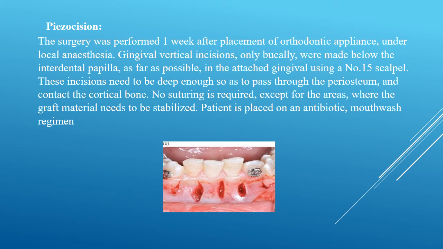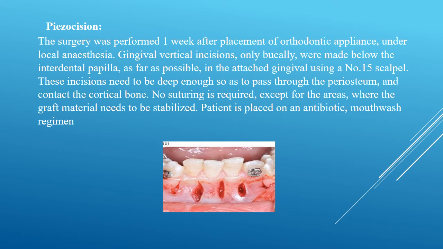The surgery was performed 1 week after placement of orthodontic appliance under local anesthesia. Gingival vertical incisions only buccally were made below the interdental papillae, as far as possible in the attached gingiva, using a scalpel. These incisions need to be deep enough so as to pass through the periosteum and contact the cortical bone.